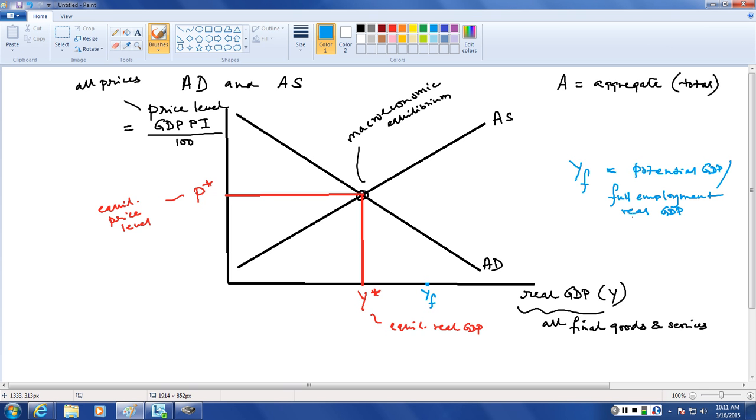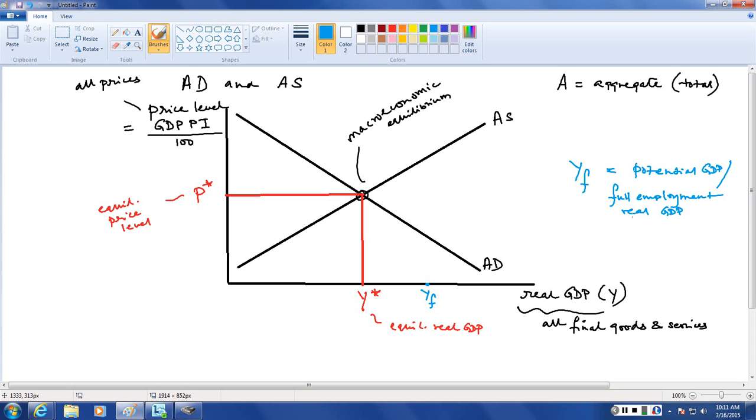Now what is the implication of this? Now we know that when the economy is producing GDP level Y sub F, potential GDP, we have full employment in the economy. Now, what's the meaning of full employment? All resources are being fully employed. Now, we don't mean that quite literally, because all labor is not going to be employed, right?